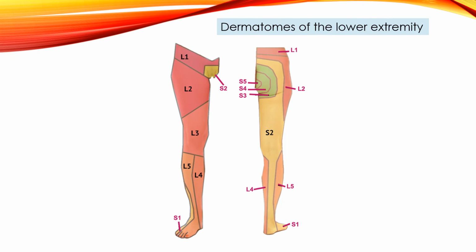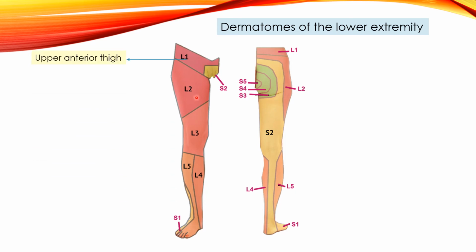Here we will go through the dermatomes of the lower extremity, and in the picture itself we can see there is a spiral arrangement in the lower extremity. First is L1, the skin over the back of the L1 vertebra; it wraps around the lower trunk to the hip girdle, so the anterior upper thigh.